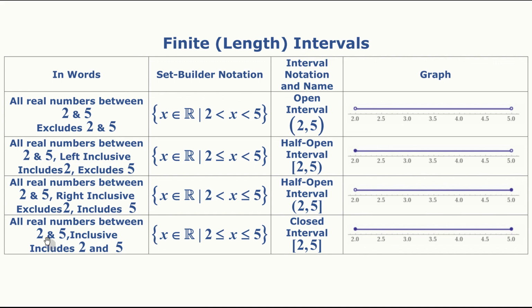And what if we want all real numbers between 2 and 5 inclusive? That means we want both endpoints in there, right? So notice that since we want both included, we're going to have brackets on both sides and closed circles on both sides of the graph. And these are all the different ways we could deal with these finite intervals.